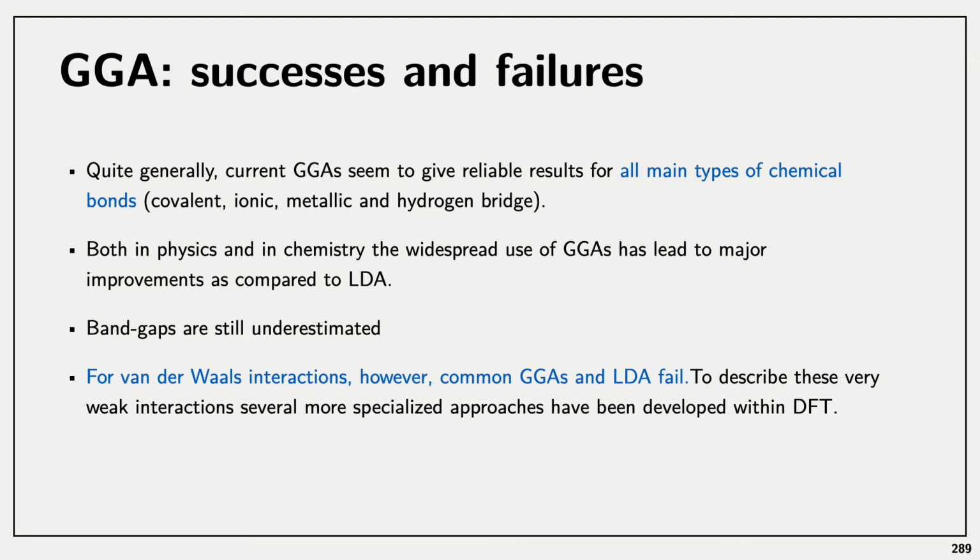Now, how could that be worse, since LDA does not represent van der Waals? Well, LDA does not represent van der Waals well at all, but because of a constellation of errors, the numerical results you get are actually close to a situation where you would have good van der Waals. Okay, I discussed that already before.